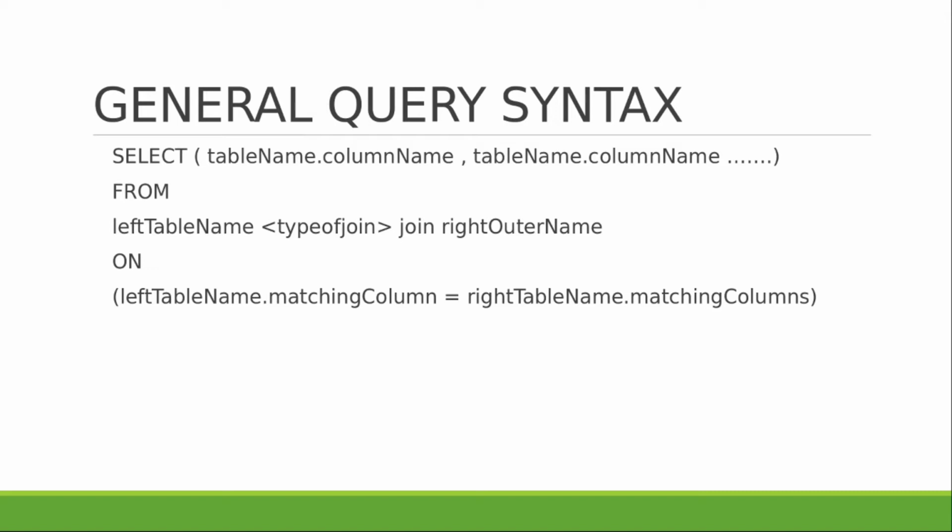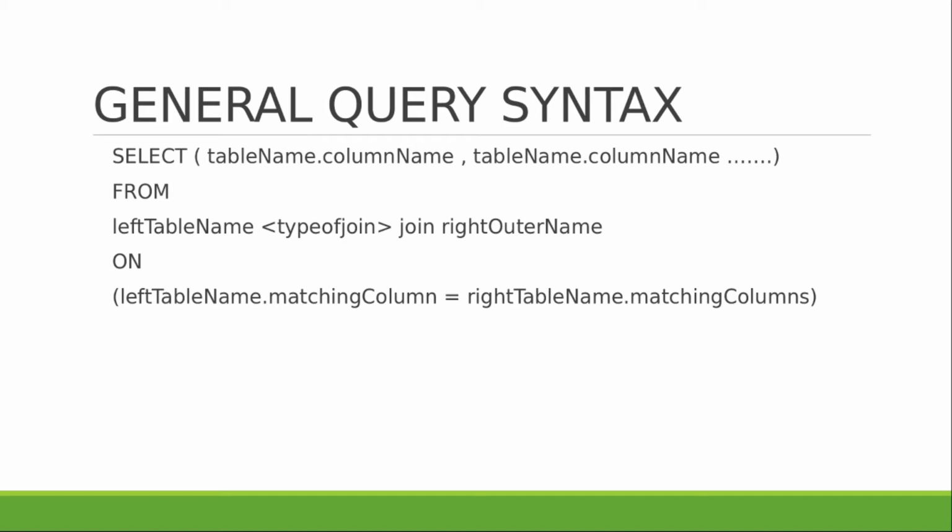The next clause is very important, that is on, and then we need to mention something. We discussed in the previous video that two tables can only join if they have something in common, some column that is matching in both, or that is connecting both tables. This on mentions that particular matching column. It goes like on left table name dot matching column equal to right table name dot matching column.